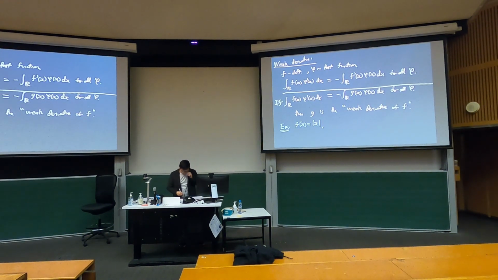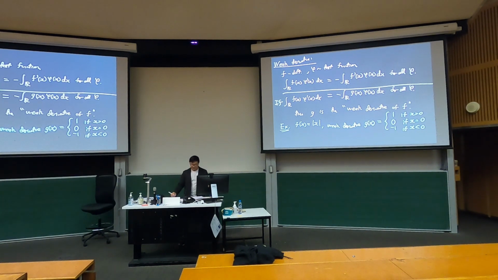The absolute value function has no classical derivative there. It does, however, have a weak derivative. The weak derivative, which I'm going to call g, of the absolute value function is given by 1 if x is greater than 0, minus 1 if x is less than 0, and quite expectedly, a possible good weak derivative is 0 when x is equal to 0. And that will be a derivative which holds weakly.